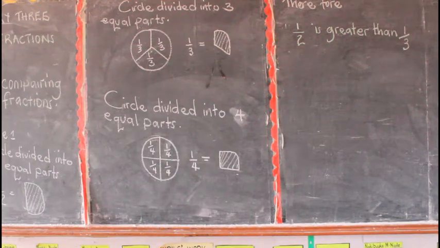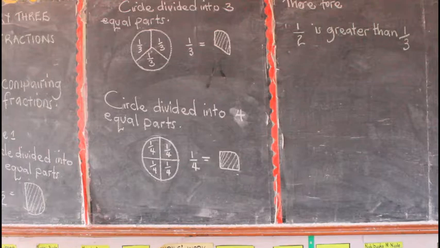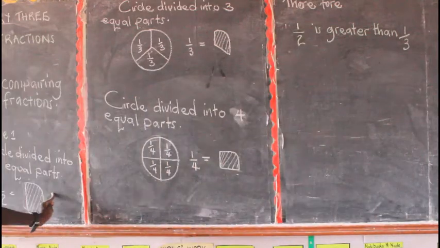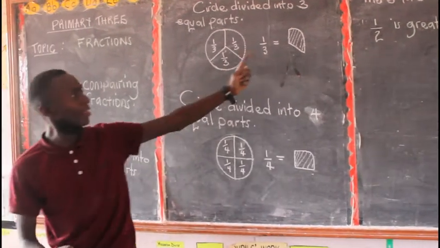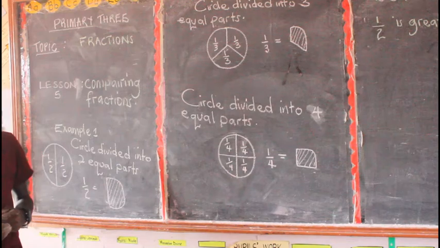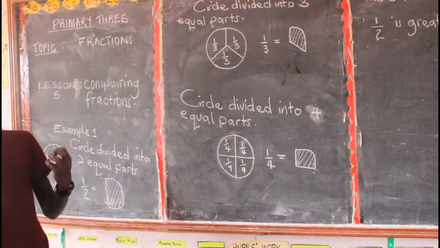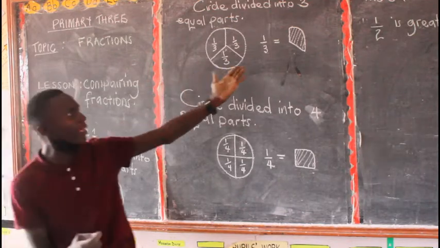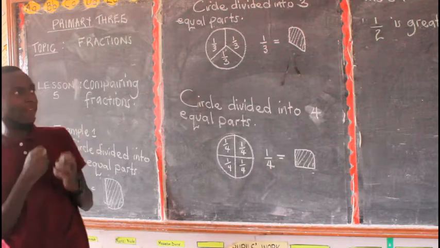So what do you understand from this? A half is greater than a third. You can easily see that this half is greater than this third. Here you can also learn that the bigger the denominator, or the bigger the lower part of a fraction, the smaller the fraction.